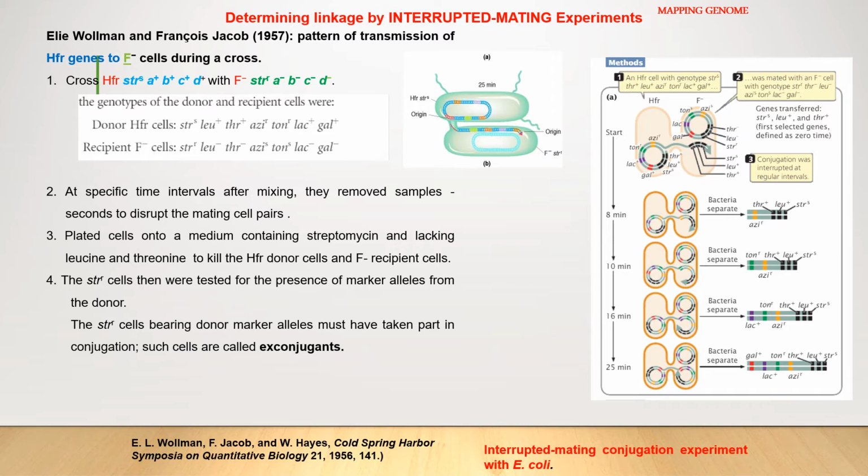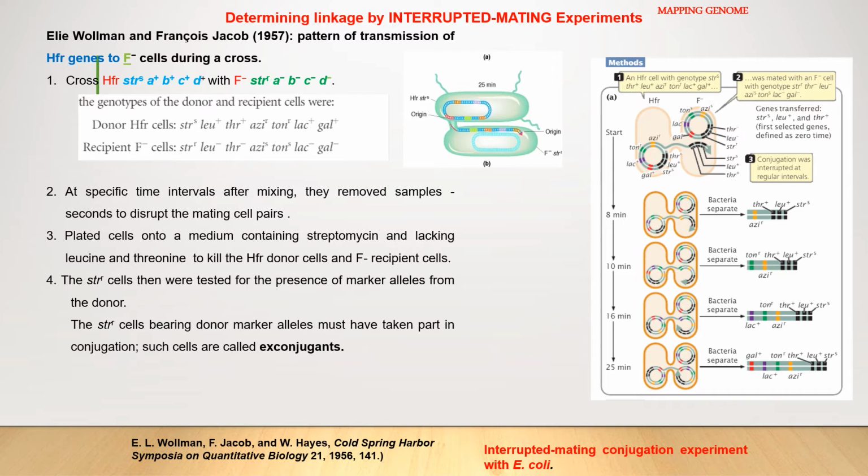The F- recipient cells used were resistant to streptomycin, sensitive to sodium azide and infection by bacteriophage T1, auxotrophic for threonine and leucine, and unable to break down lactose and galactose.